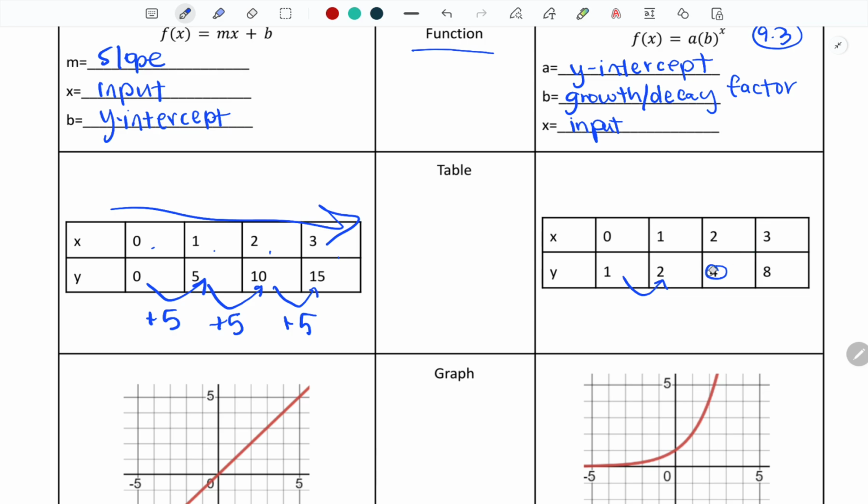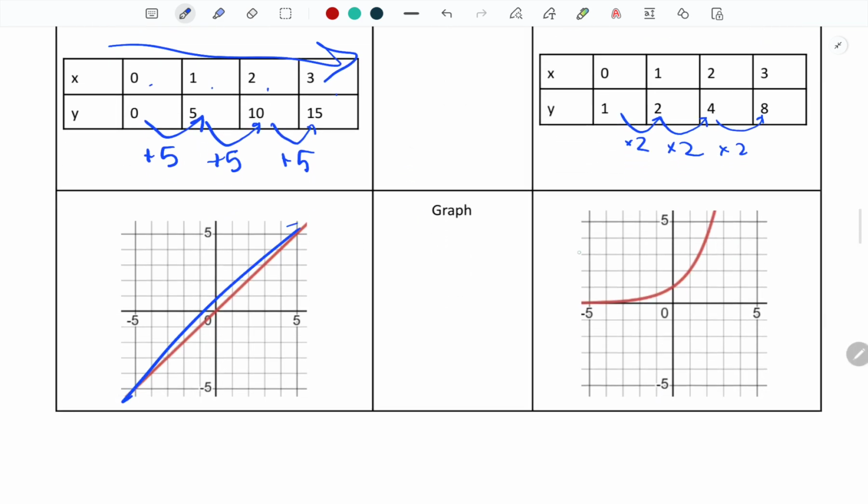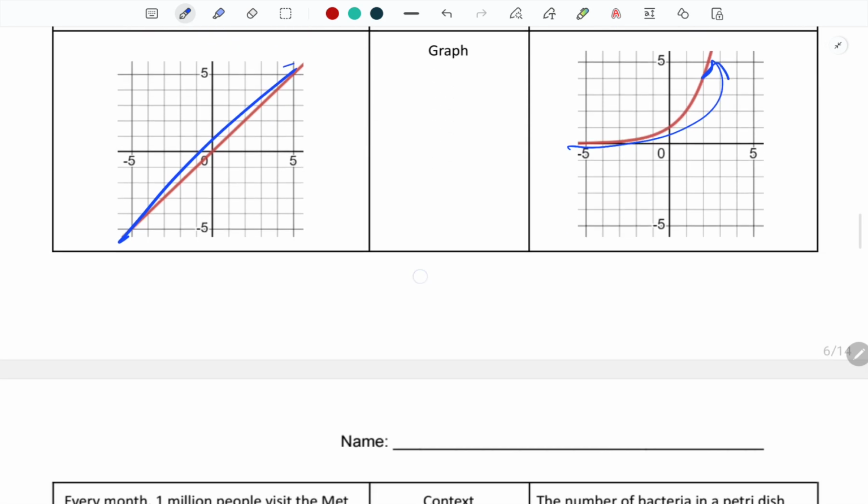So we're not growing by adding anymore. We're growing by multiplying. 1 times 2 is 2. 2 times 2 is 4. 4 times 2 is 8. Okay. And my graphs: straight line, curves upwards.